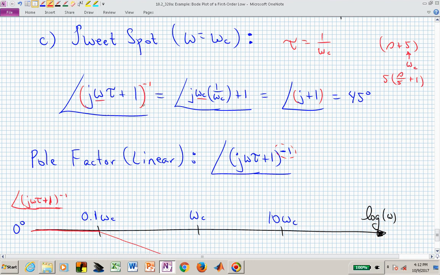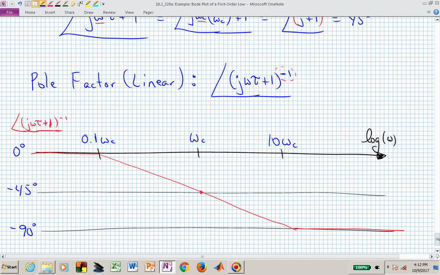Let me go ahead and clean this up for later. But in fact, this is all there is to sketching the phase curve for a linear factor. And in this case, since it's downstairs, it's going down to minus 90 degrees. That's our pole factor's phase for a linear factor.